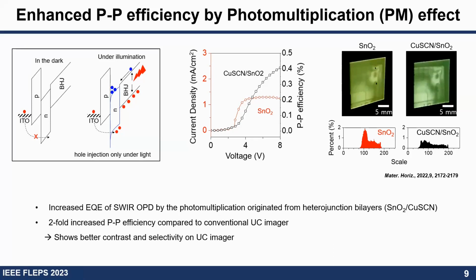It reached a photon-to-photon efficiency of 0.4% at the applied bias of 8 volt. And when we compare the two devices, the single layer and the heterojunction bilayer, the heterojunction bilayer conversion device shows better contrast and sensitivity.